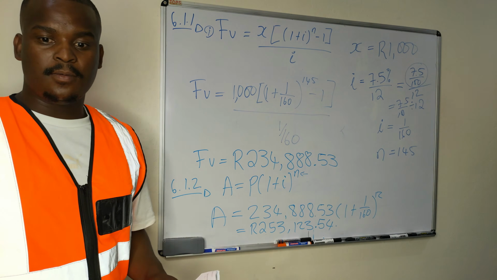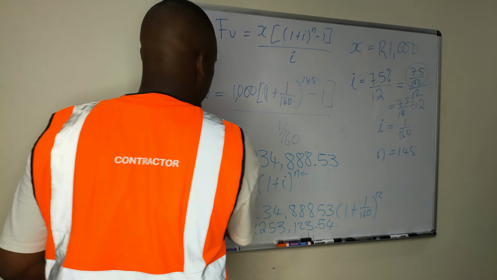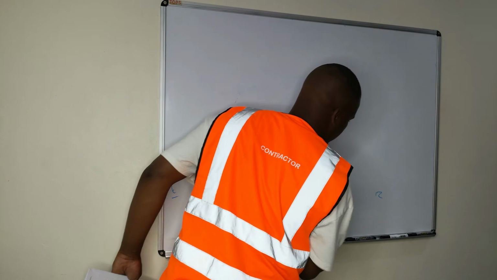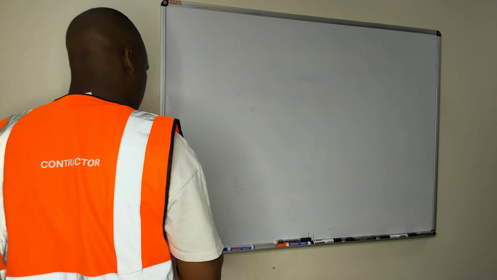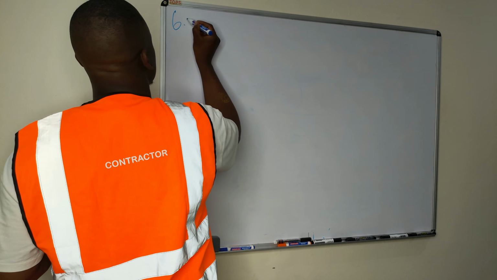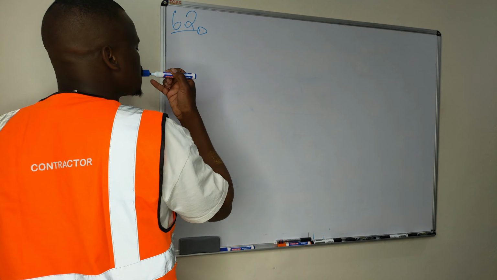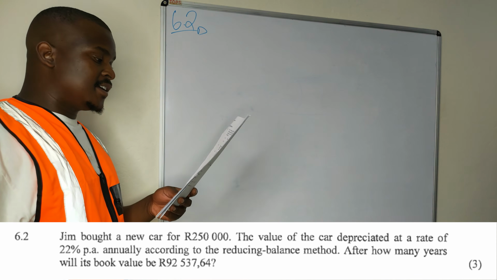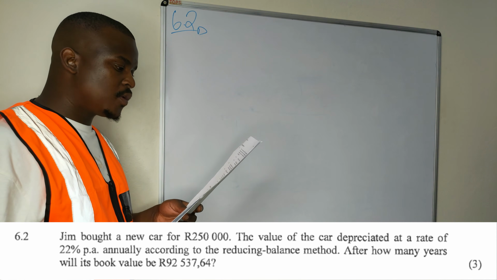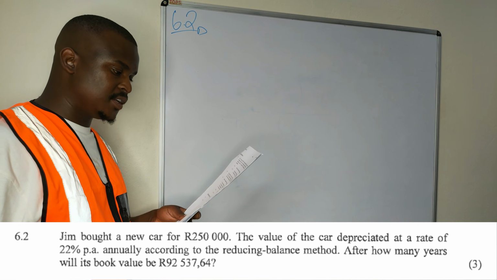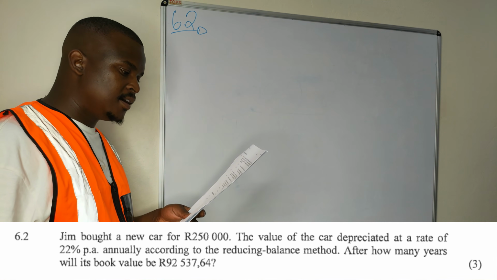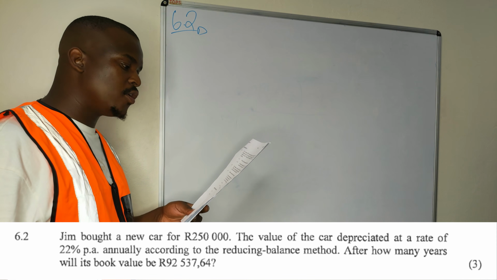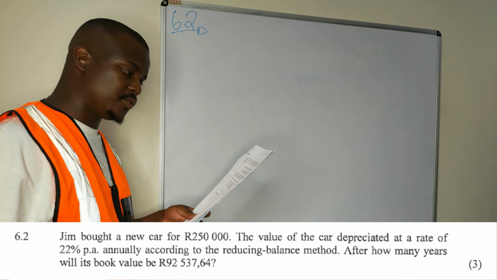6.2. I'm going to clean the board now. Okay, 6.2. They are saying Jim bought a new car for 250,000. The value of the car depreciated at 22% per annum according to the reducing balance method.